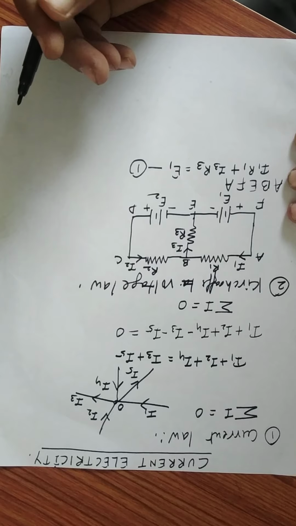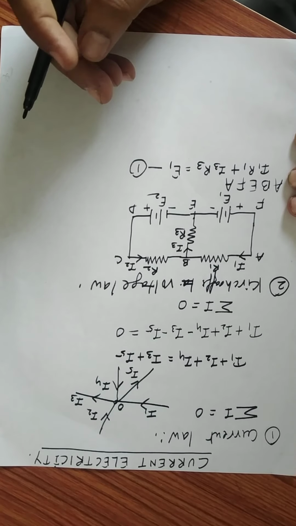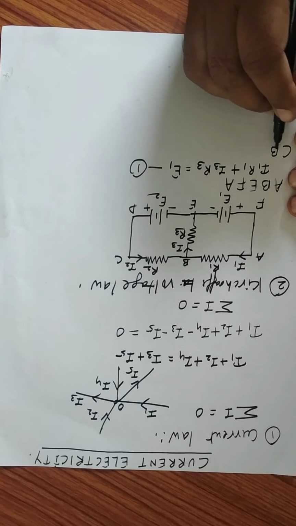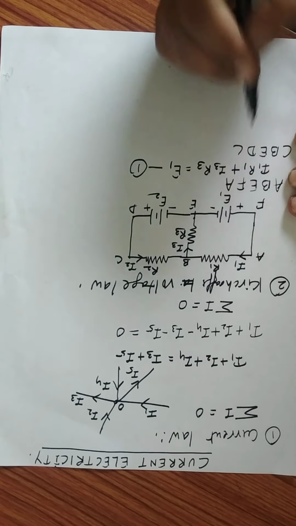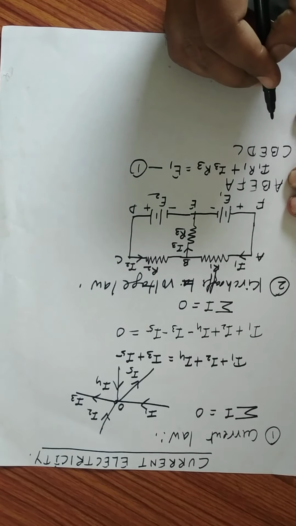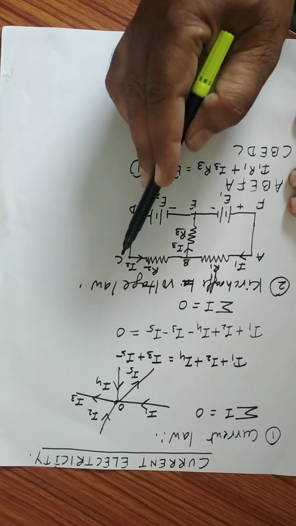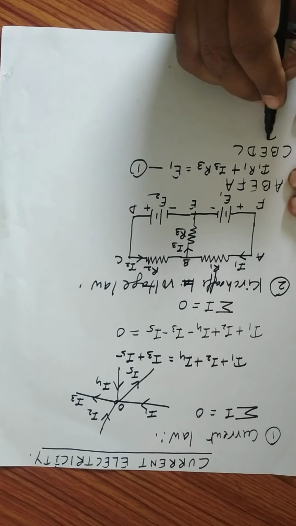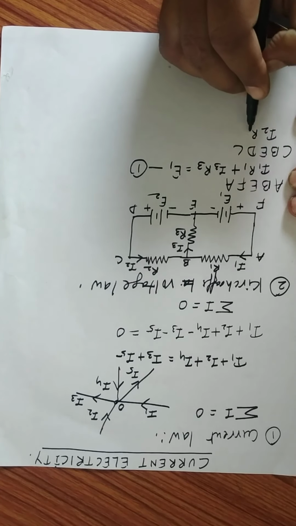Now we will apply Kirchhoff's voltage law to the loop CBEDC. Here CB means we are going from C to B. Current is in the same direction from C to B, then take it as I2 R2.